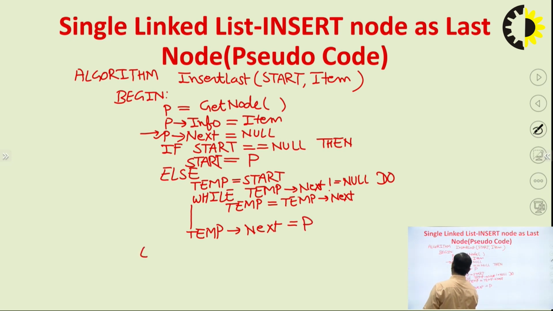So here your algorithm will end. Now, clear? We have covered the case of inserting a node as a first node and inserting a node as a last node. In the next lecture, we will cover inserting a node at a given position, cases of deletion and searching. Thank you, students.